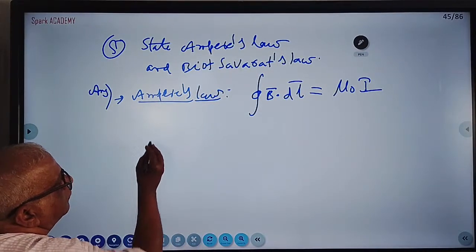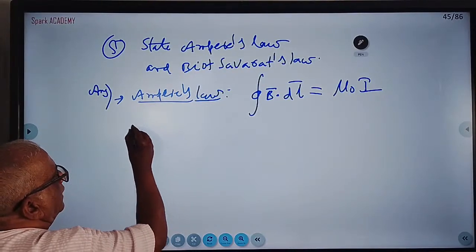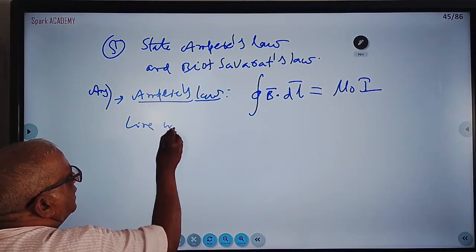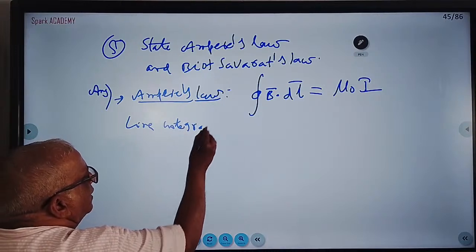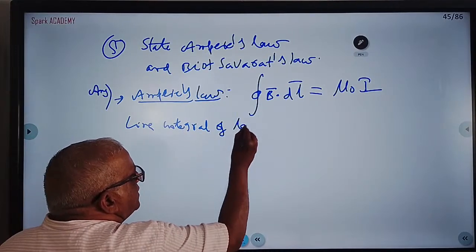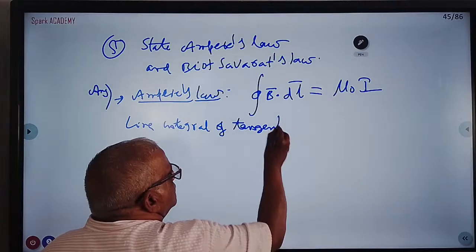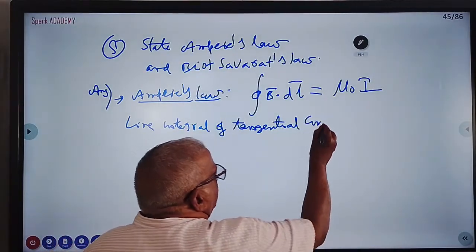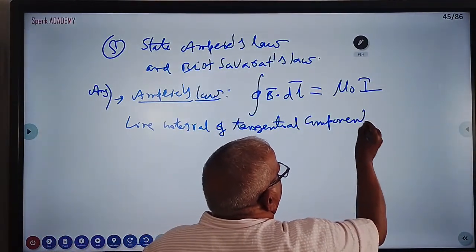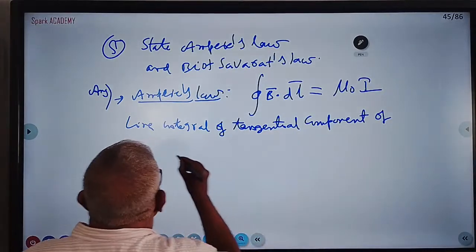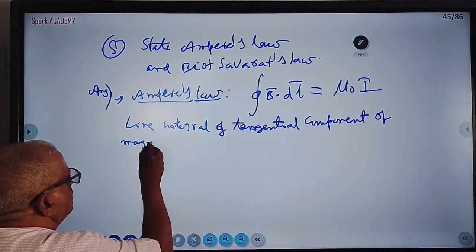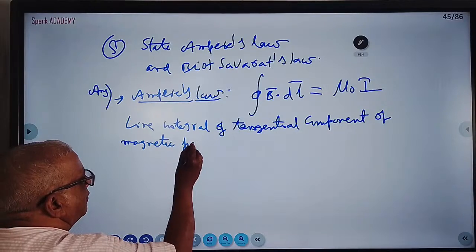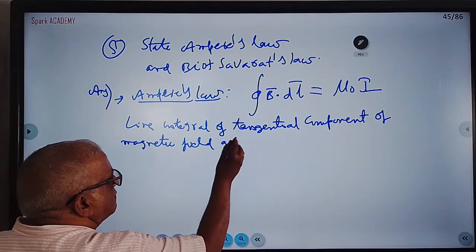State Ampere's law. What statement means? You can write: line integral means summation. Line integral of tangential component of magnetic field around a closed path.